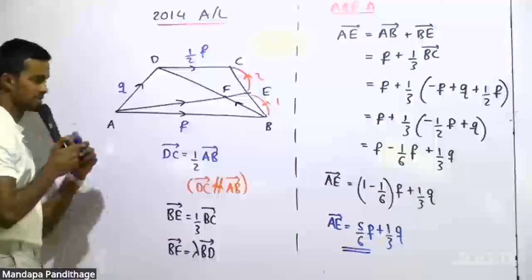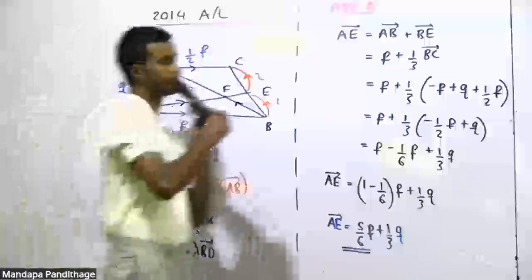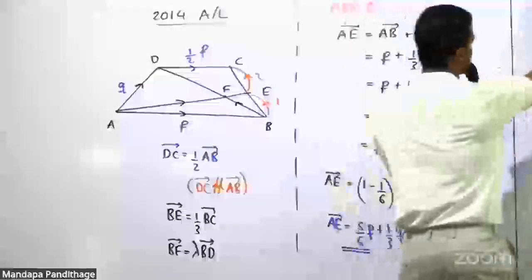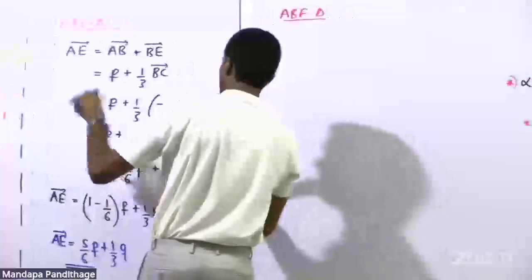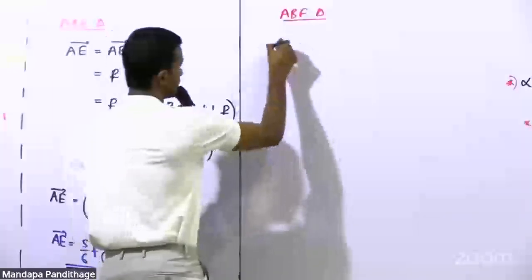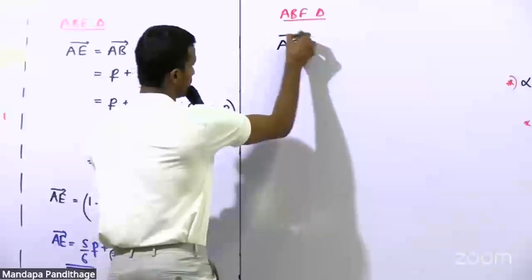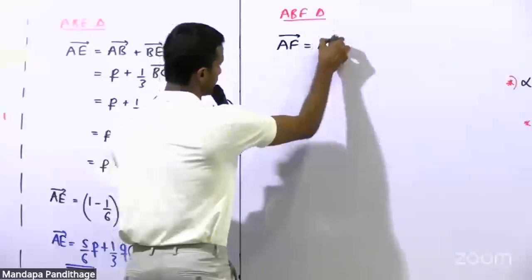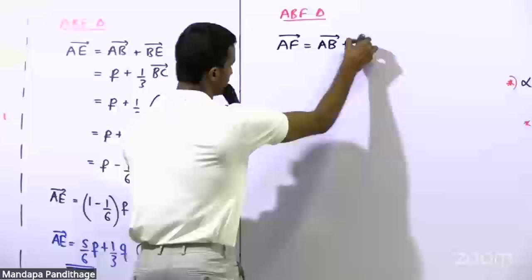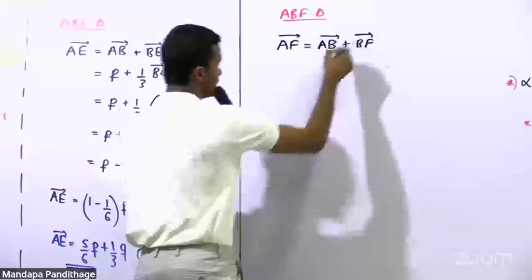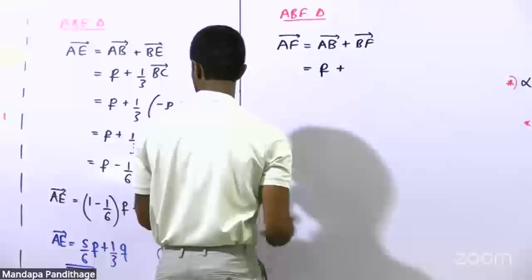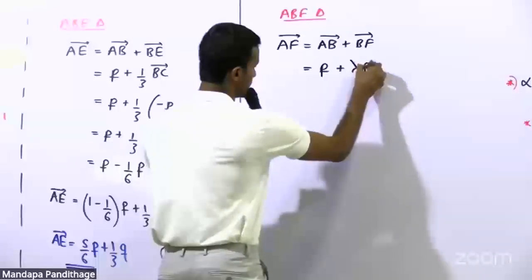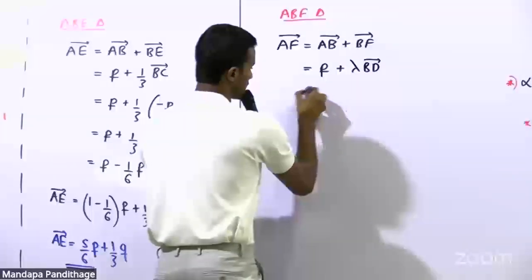Now look at this. I'm going to consider the triangle ABF. And then I can write that AF is equal to AB plus BF. AB is vector P and BF is lambda BD. So how can you write BD?